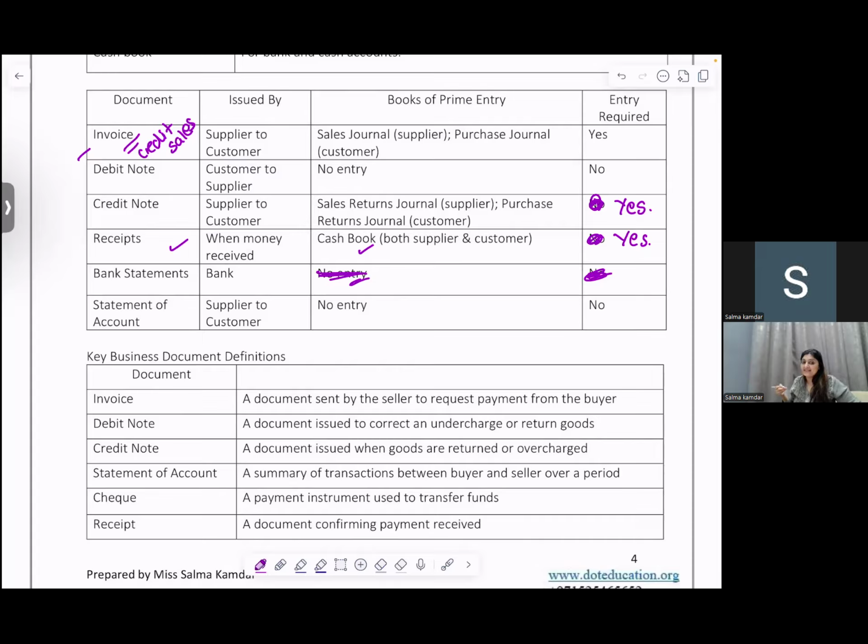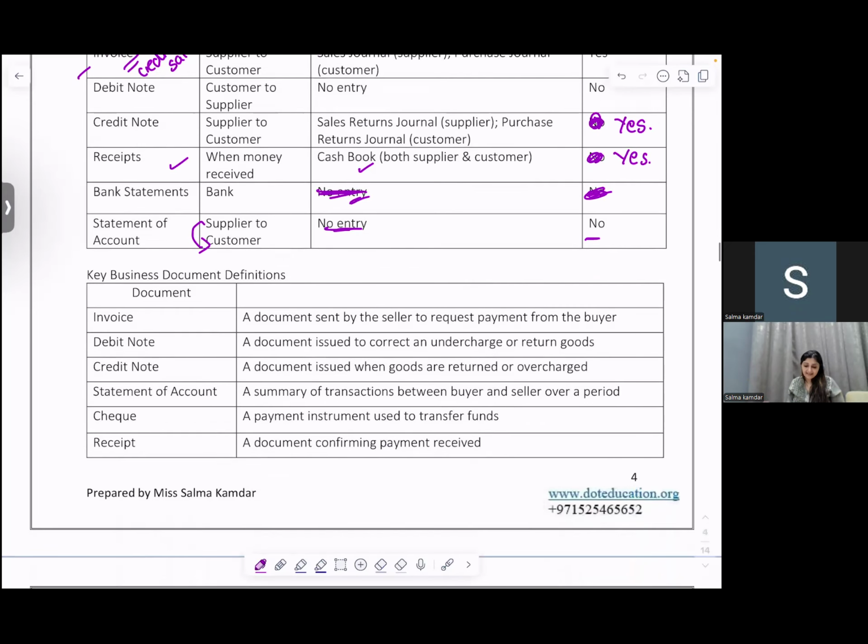You paid me this much. Now, this is our balance. So, it is just an intimation given by the supplier to the customer telling that this is the balance that is due. There is no entry that is passed for the statement of accounts.